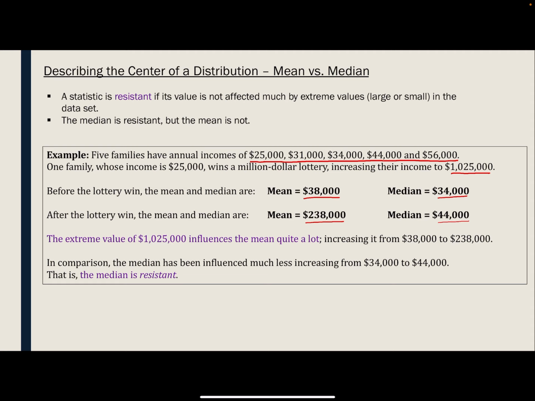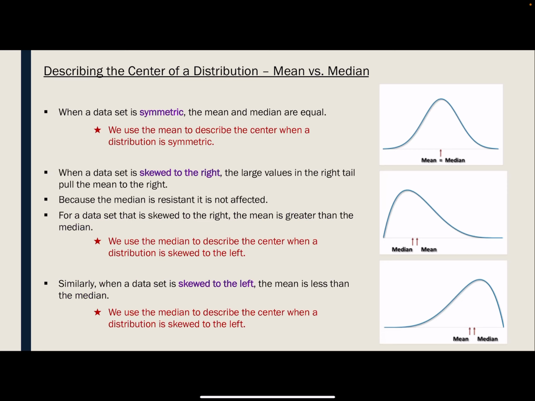So what does this mean? This means that when you have a distribution that's symmetric, that means that you don't have any outliers, then the mean and the median are the same. Whereas if we have a distribution that's skewed or has outliers, the mean is being pulled in the direction of that outlier or skew, and therefore is being affected by it.